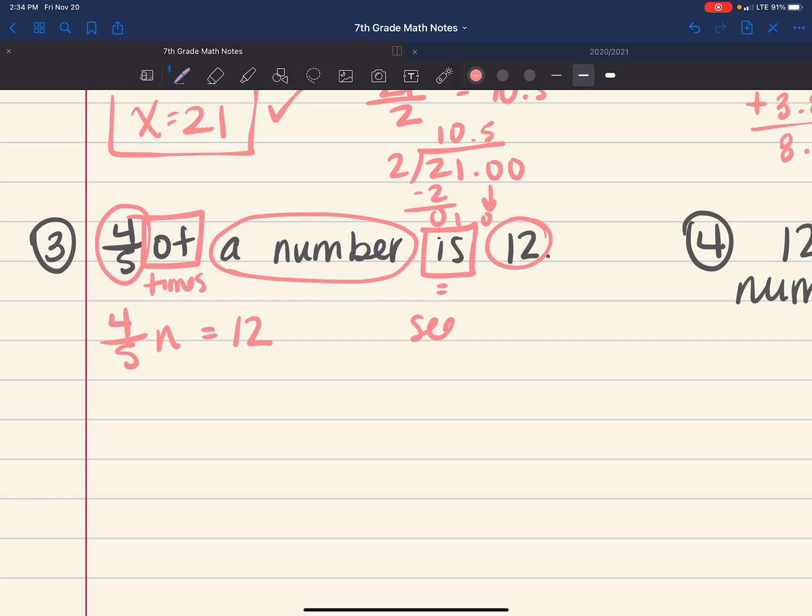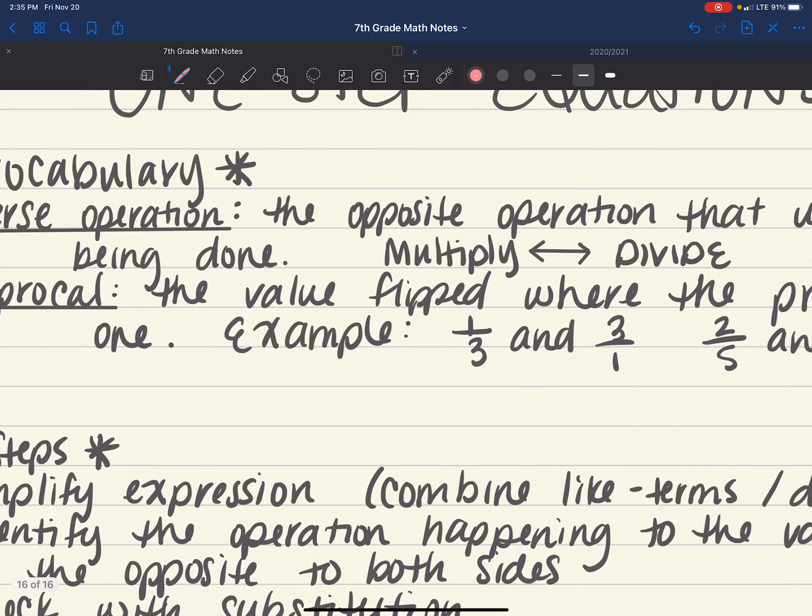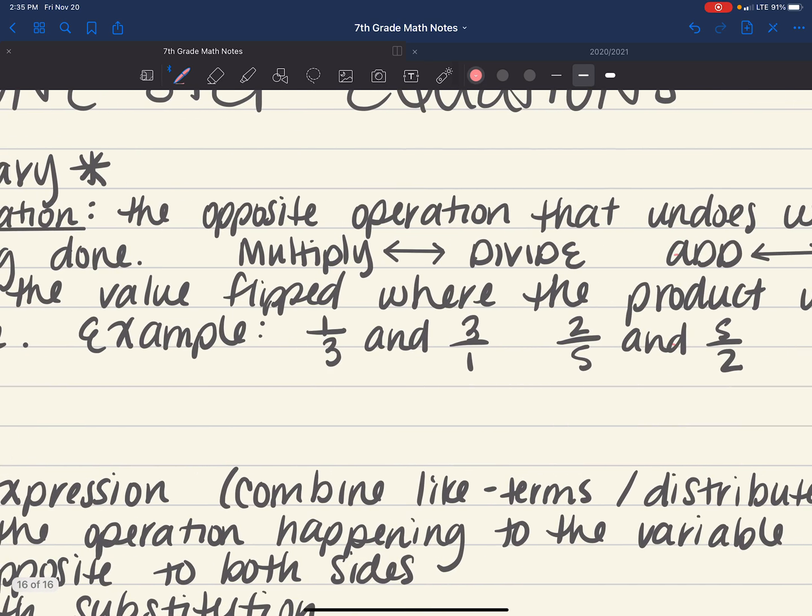Okay, what do I see? I see multiplication. But I see multiplication with a fraction, which means, yes, I'm going to do division, but there's a shortcut, guys. When you see it being multiplied by a fraction, we really just multiply by the reciprocal because we're trying to get it to 1.